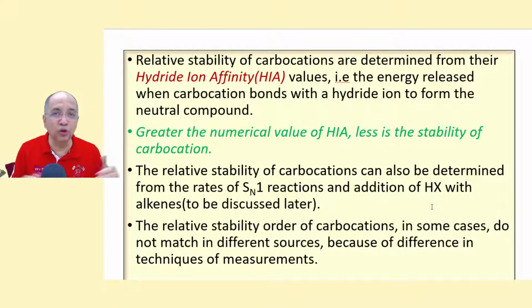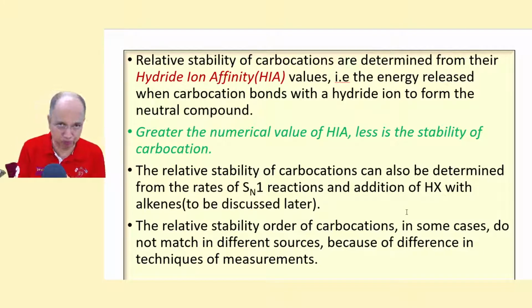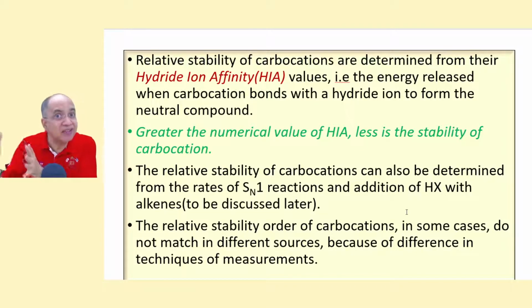That also we won't discuss here. The rate at which the reaction proceeds also gives you the relative stabilities of carbocations. And in many places in the literature the order of stability of carbocations does not match.